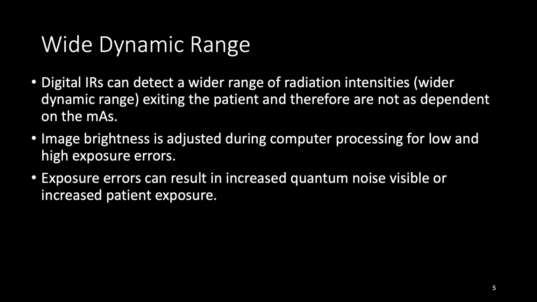And if the mAs selected is too high, which is a high exposure to the digital IR, the brightness can also be adjusted, but the patient has received more radiation than necessary. The radiographer should be diligent in monitoring the EI, which is your exposure indicator. Those values need to be monitored to ensure that quality images are obtained with the lowest possible dose to the patient.